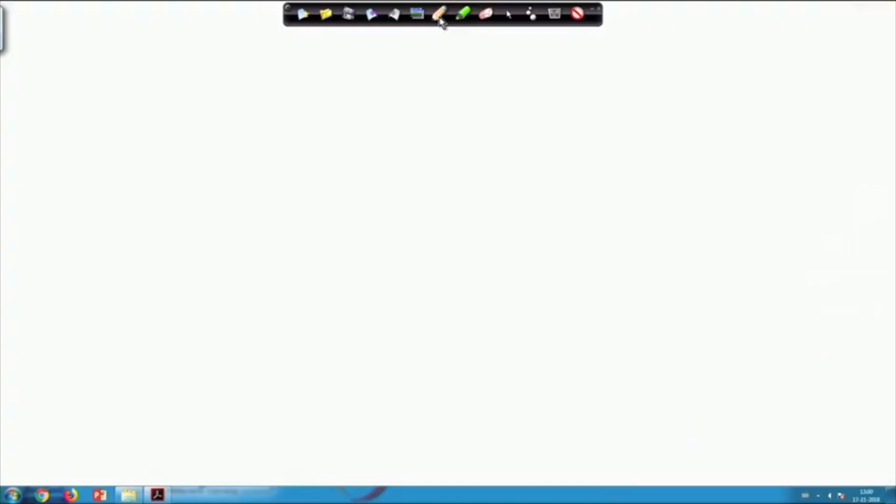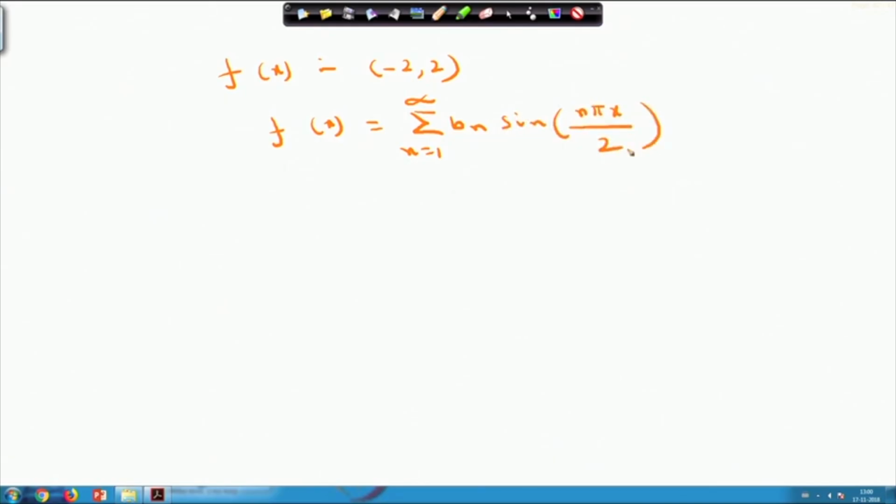So, we have defined the function f x in minus 2 to 2, and since the function is an odd function, it will contain only the terms of sine. So, we can write down f x equals summation n equals 1 to infinity b n into sine n pi x by L, value of L is here 2. So, it will be n pi x by 2, please note this term.